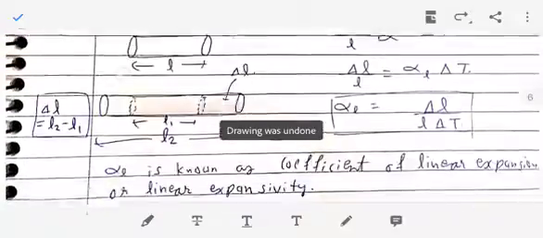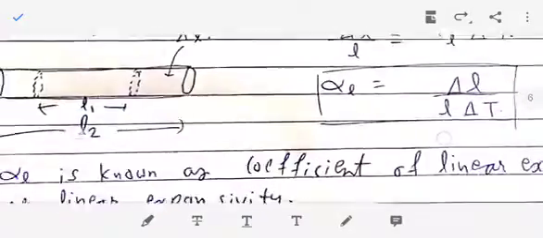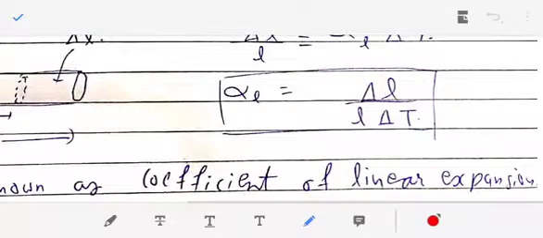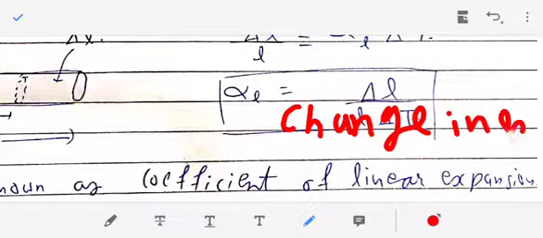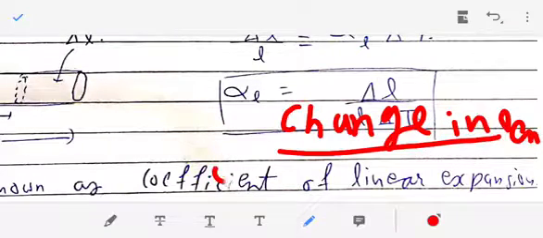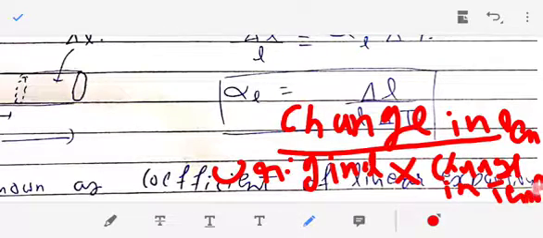Generally, we can say that the coefficient of linear expansion is equal to the change in length divided by the original length multiplied by the change in temperature. Correct?